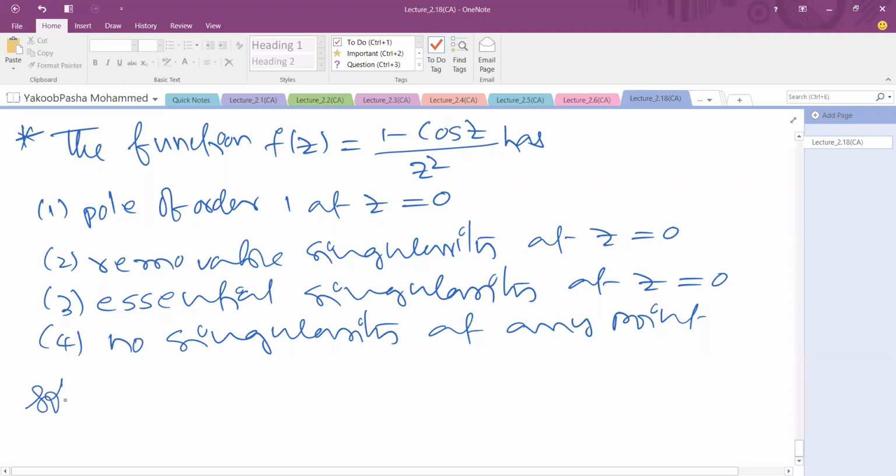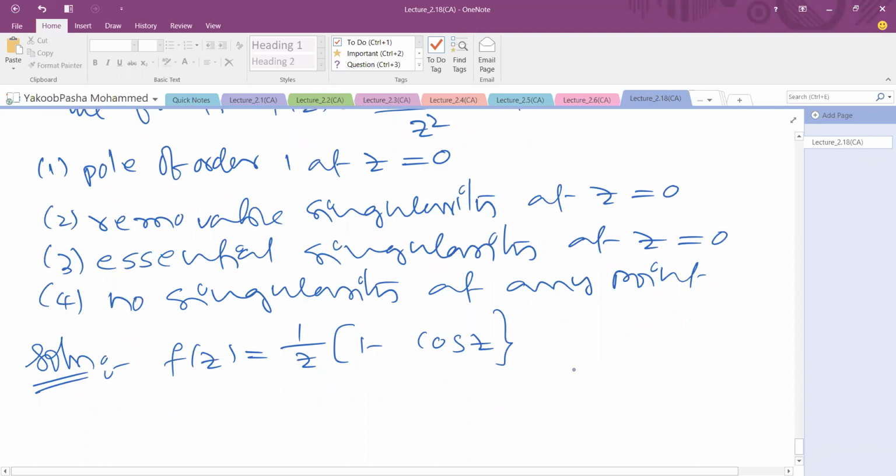First I am taking the function f of z is equal to 1 by z square of 1 minus cos z. So I am writing 1 minus cos z by z square. Here z square is there. Write the expansion of cos z.